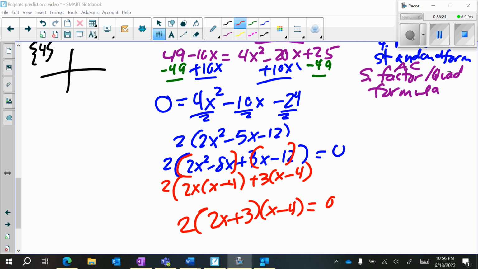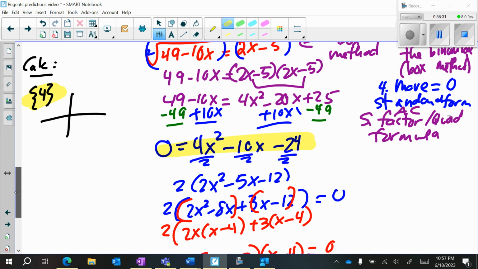Okay, so this was the quadratic that I got. I just want to make a note about this. You know the answer is going to be x equals 4, right? So if you're not good at factoring, note that if x equals 4 is the answer, one of your factors has to be x minus 4. So keep that in mind down here when I get to my factoring step.